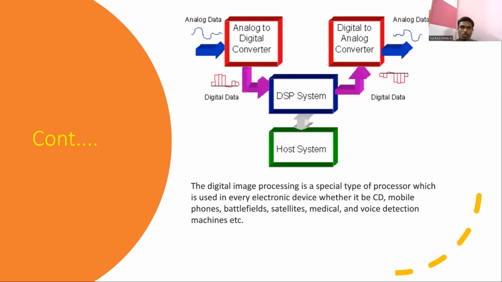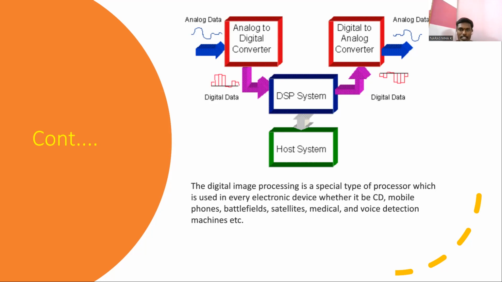In this next slide, I want to say that this is an image showing how, with the help of converters, an analog signal is converted to a digital signal and, in the same way, vice versa. In the first way, the analog to digital converter: analog data is given, the DSP, digital signal processing system, acts on it, and then it is converted into digital data for the host system, meaning the output is delivered.